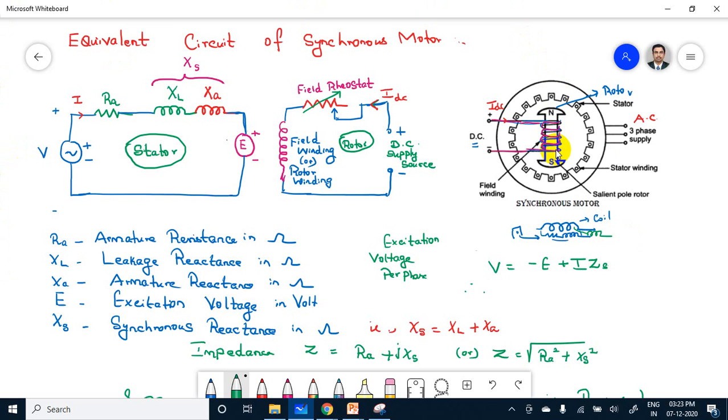Sir, that V is equal to minus E plus I Z, sir. Yes, minus E. That is the basic equation, V equal to E plus I into Z. Okay, this is my basic equation. But in the synchronous motor, this E term is negative. The reason is the winding arrangement. It is not the winding which we have in the induction motor.